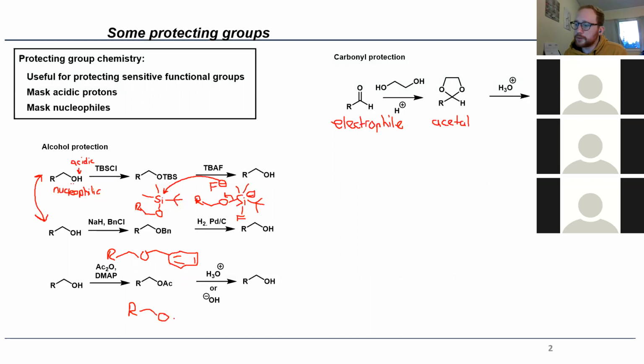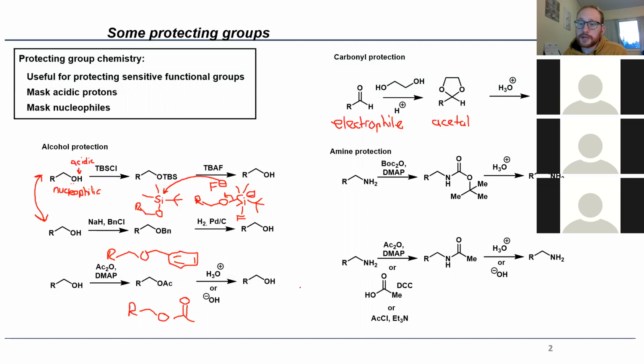It looks like this, and the electron withdrawing nature of the acetate group diminishes the nucleophilicity of the oxygen lone pair. Still slightly nucleophilic, but it's less so. These can be cleaved under aqueous hydrolysis conditions, either acidic or basic will cleave. Okay, so those are the alcohol protecting groups that we've learned so far.